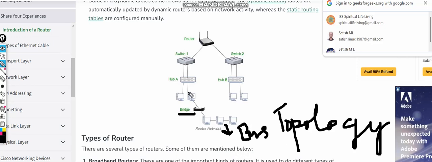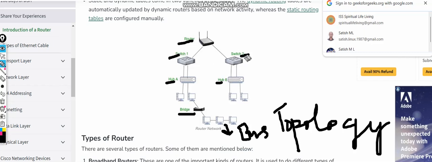Bridge is connected to another computer here, which is connected to a hub. This is the hub. Hub is connected to the switch. Switch is connected to the router. So here also two different computers are connected to the hub. This is hub A, this is hub B. Hub B is connected to switch 2.